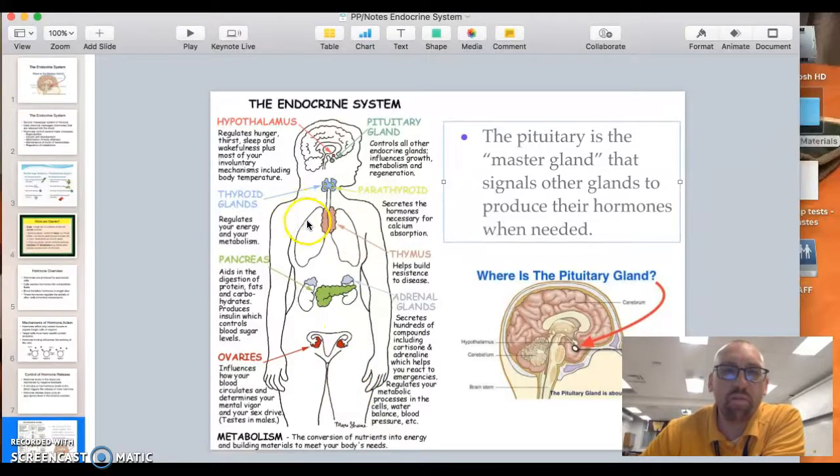One of the other main ones people sometimes ask about is the thyroid gland, which sits in your neck. A lot of people have issues with the thyroid gland because it regulates energy and metabolism. If they're having a lot of trouble with weight gain, or they're just very lethargic all the time, a lot of times they'll do a test of your thyroid gland.